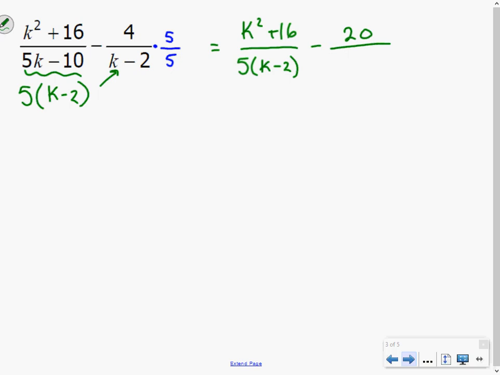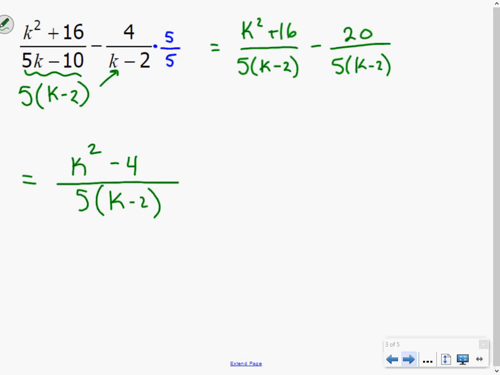So after I multiply by 5, we've got that common denominator, so we can actually subtract these rational expressions now. Remember, the numerator will actually subtract, so k squared plus 16 minus 20 would give us k squared minus 4. And then we still have that 5 times k minus 2 in the denominator. Now, the numerator can factor some more.